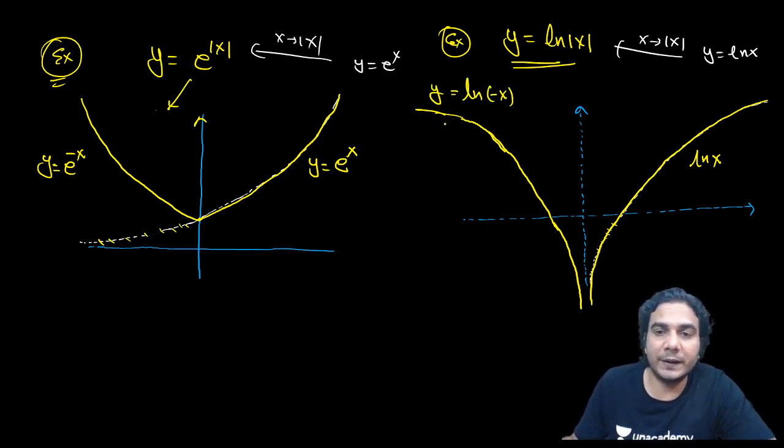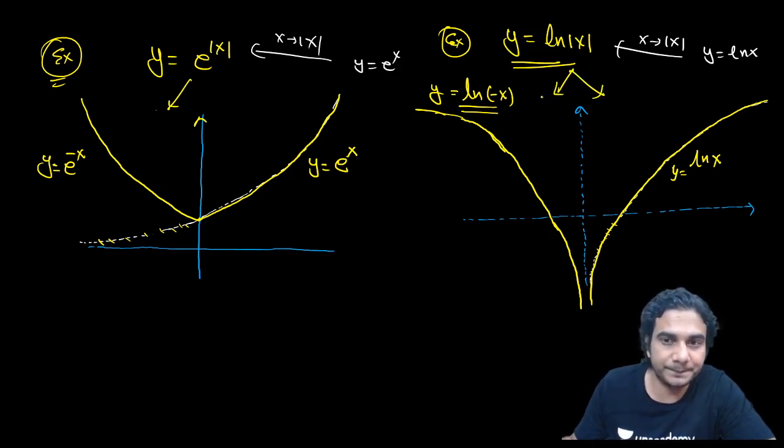So I have written the equations separately: y is equal to ln of minus x and y is equal to ln of x. And this complete graph is the graph of y is equal to ln of mod of x. Okay? So it has two branches, you can say. Now it has very good examples, so let me give you some more examples.